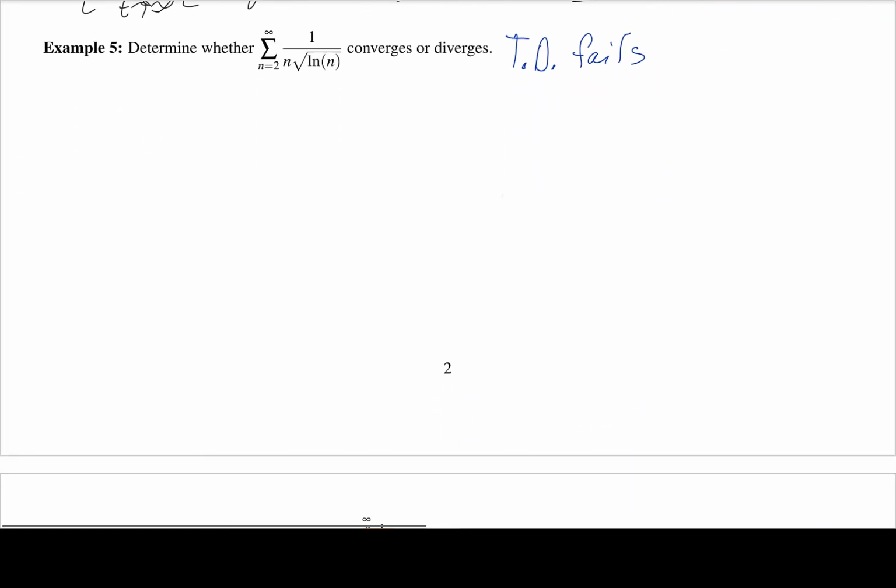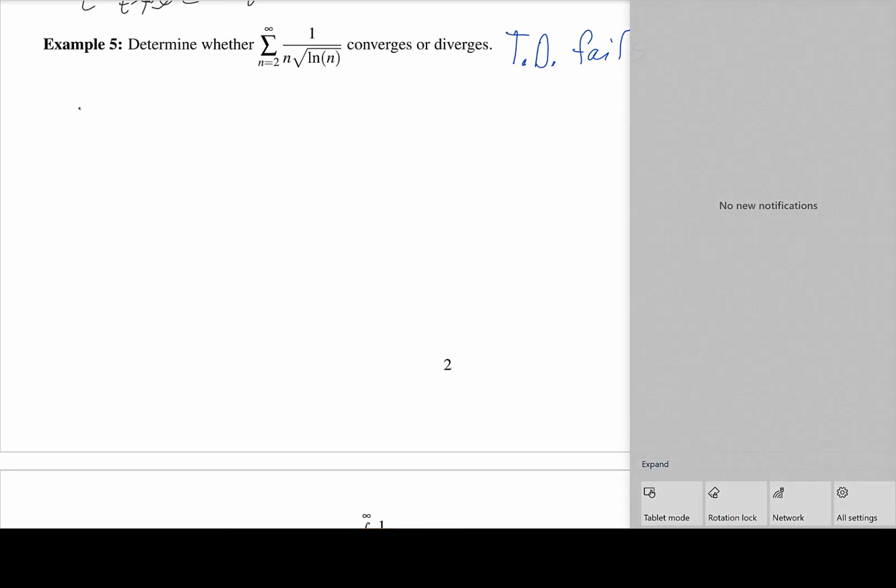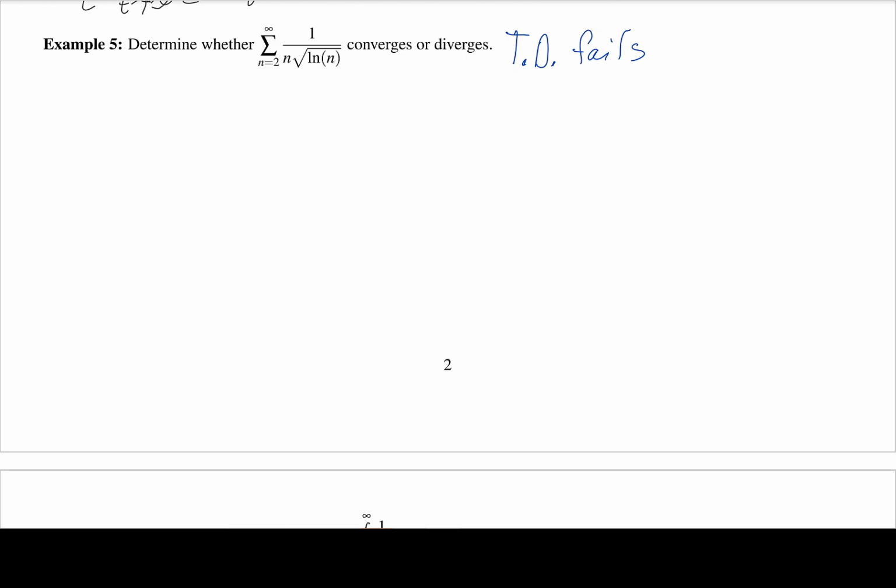So then we'll rewrite it as an integral for our integral test. I'll have the integral from 2 to infinity of 1 over x square root ln x dx.